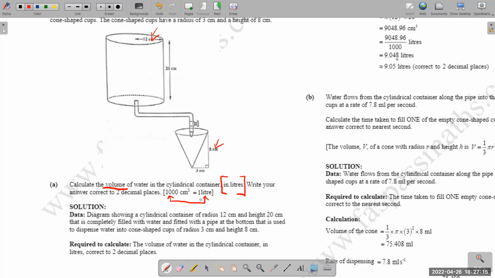No. The formula was volume divided by rate, because it's time we want. Once you do that, you get your answer. Then you see what they ask you for: correct to the nearest second. They didn't say second point something. You have to round it off to the nearest whole number. So that's how they got 10 seconds.